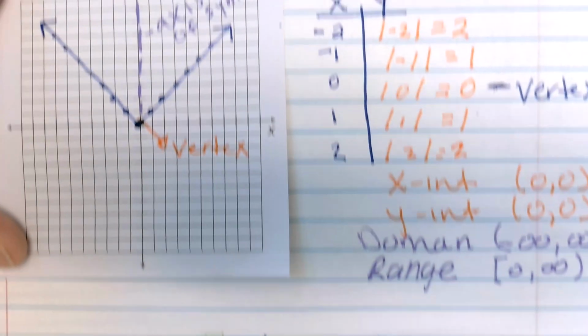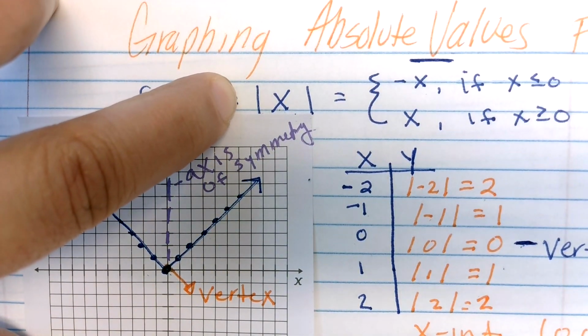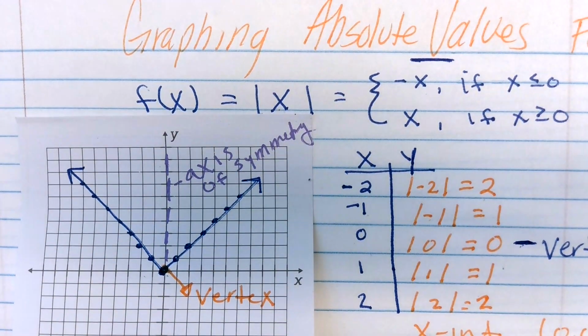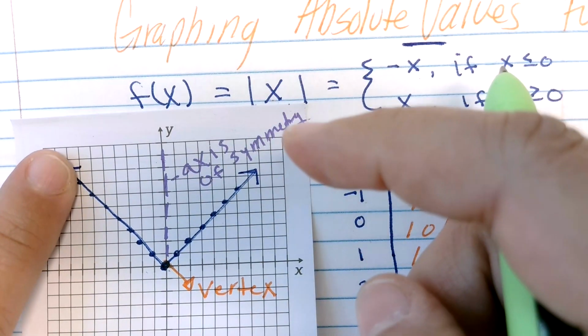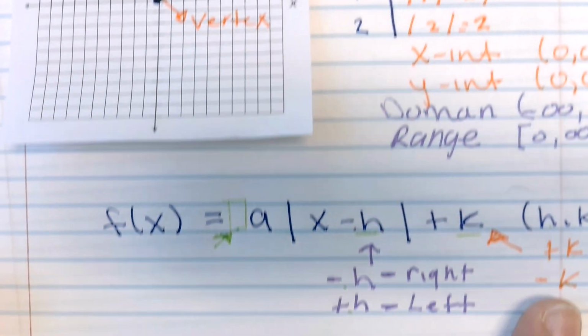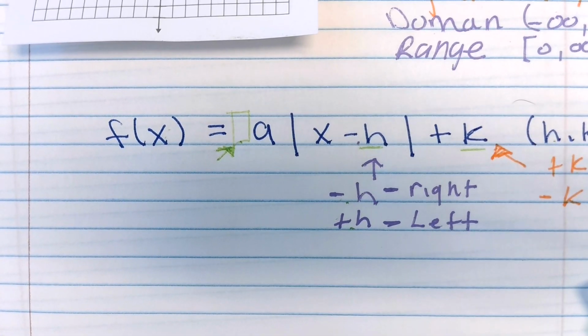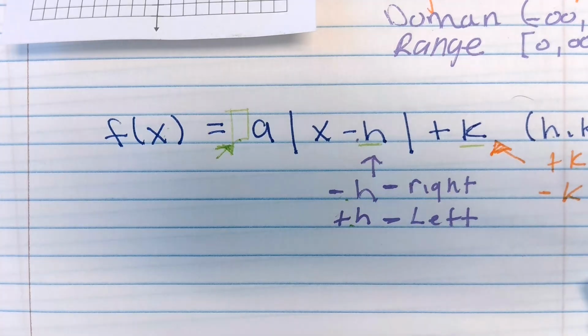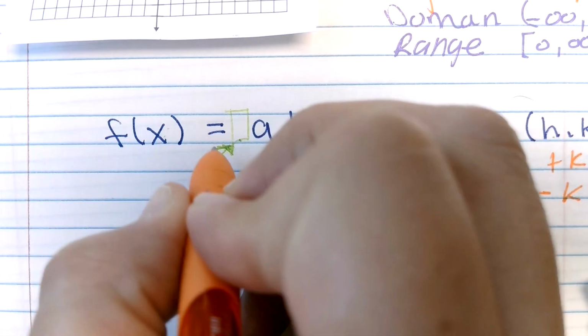Well, in the parent function, there's nothing out front of the absolute values. That means it's positive, and that's why our arrows are going to the positive y direction. But if there's a negative sign here, then you're going to have a case where you have reflected over the x-axis and your arrows are going to the negative direction.